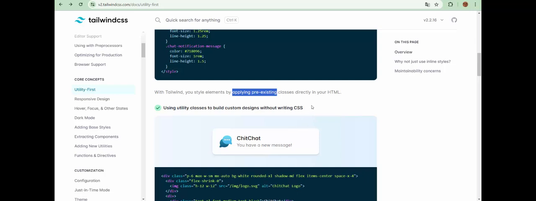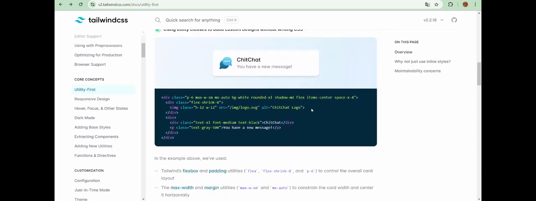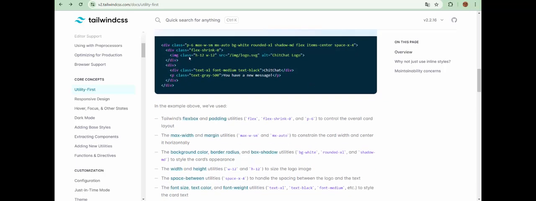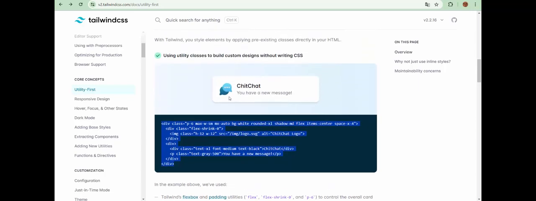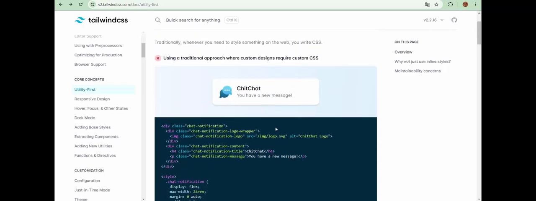Okay, read. Here is an example. What we see here is the same as what is here, and it is also the same result of our design.